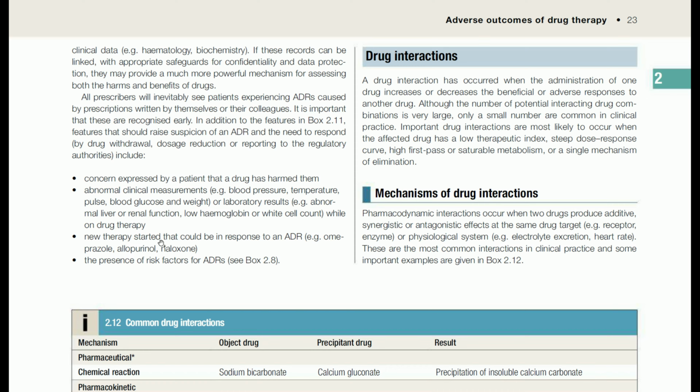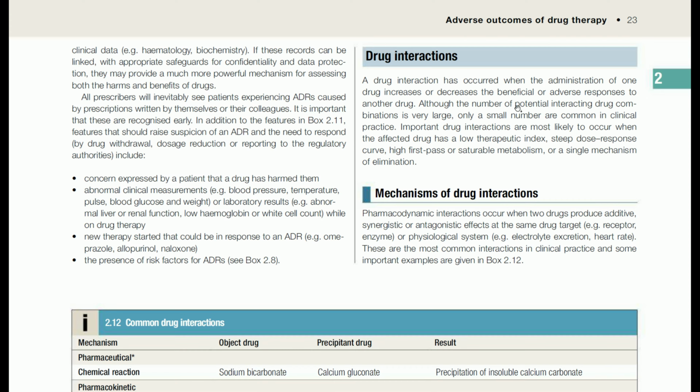New therapy started that could be in response to an ADR, for example omeprazole, allopurinol, naloxone. The presence of risk factors for ADR, see Box 2.8. Drug interactions. A drug interaction has occurred when the administration of one drug increases or decreases the beneficial or adverse responses to another drug.